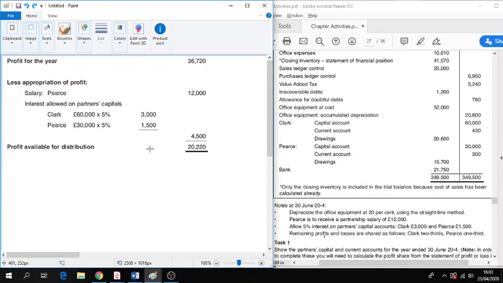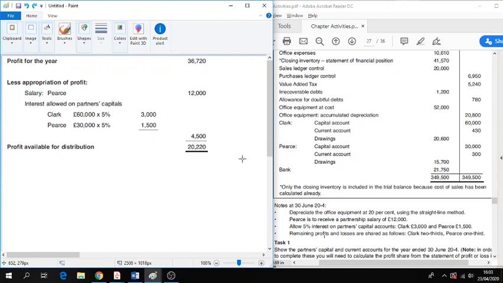So 36 minus 12 minus 4.5 gives us just over £20,000, and then we are going to share that between Clark and Pierce, 2/3 and 1/3. Hopefully that will disappear so you can see that a bit more clearly. So Clark gets 2/3 and Pierce gets 1/3.